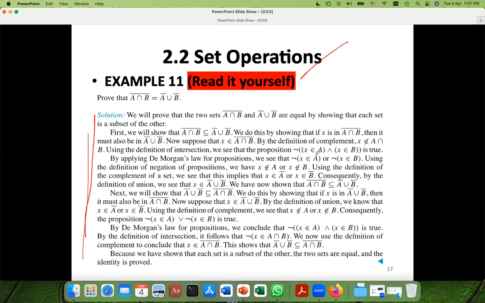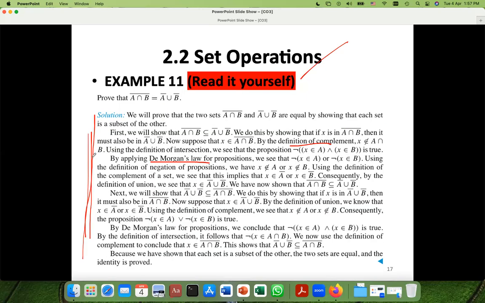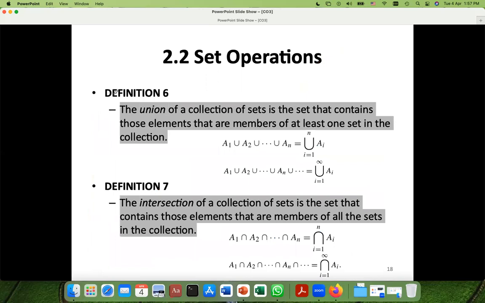It is not different. You will say definition of complement and De Morgan's law. So you can use it in exams? Yes, you can. Which would be easier, this one or this one? First one is better, I think. Okay, whatever you do, that would be your approach.